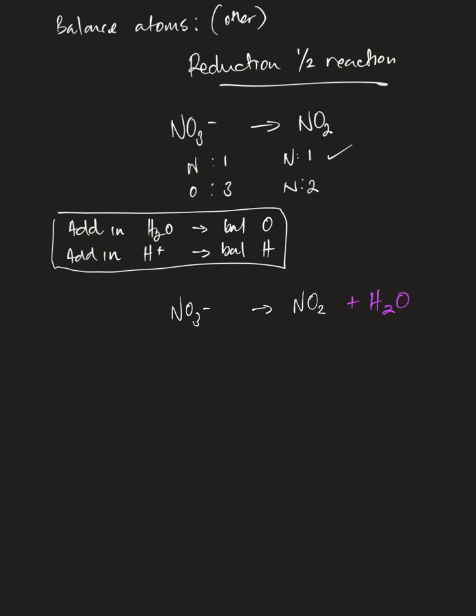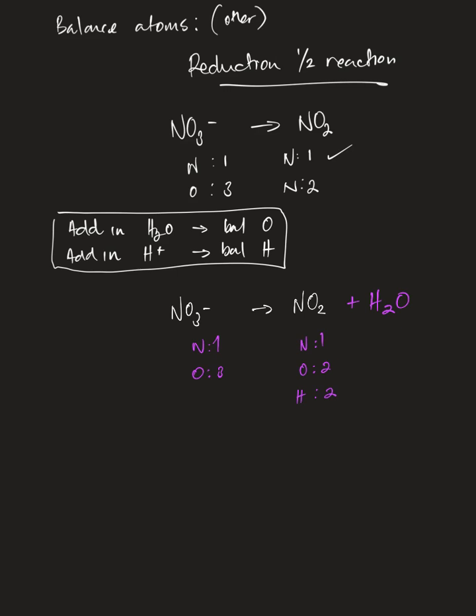Now what this does for me is, I still have N and O here, but now I've created a situation where this is 3 and 2, and I've added in water. So now I've got H on the side. By adding that, I've got 2 hydrogens, and oxygens have gone up to 3.